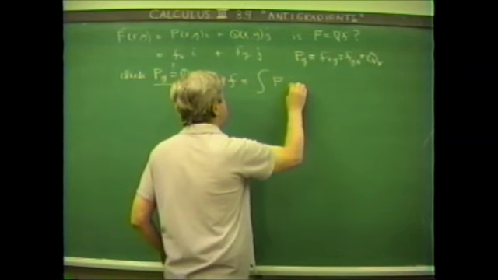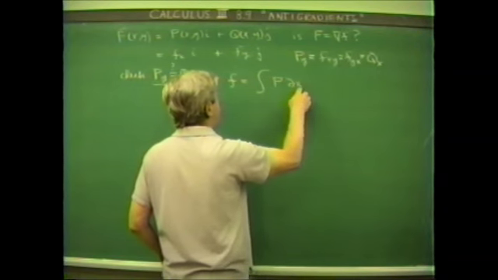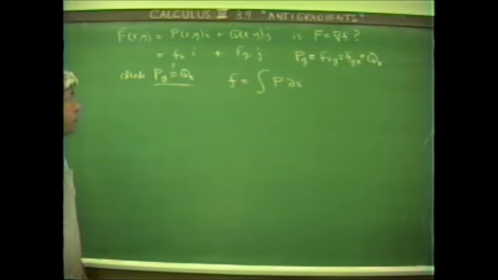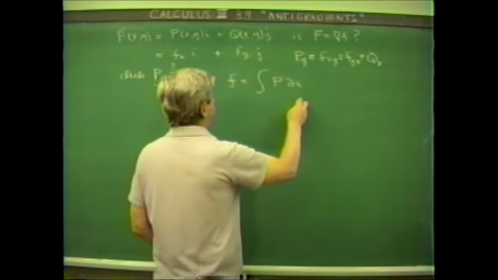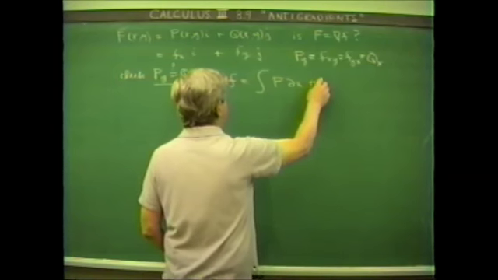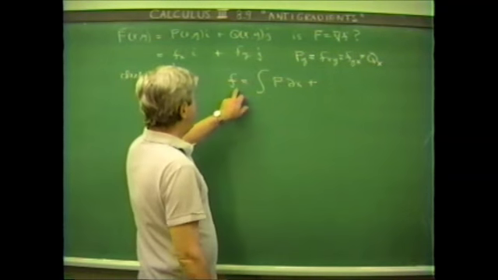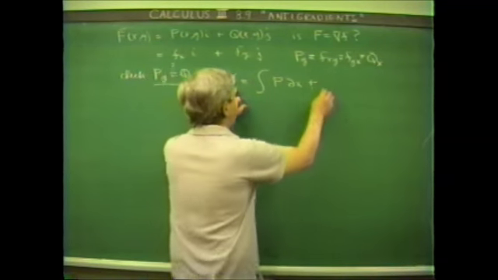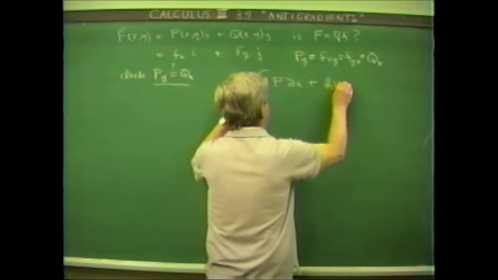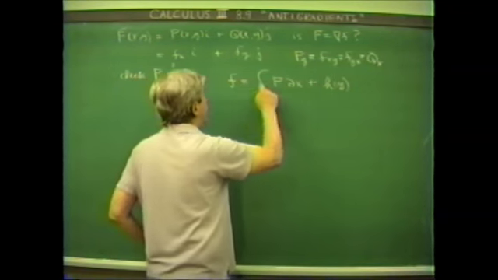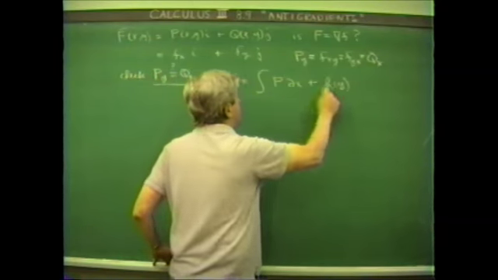This is written with the partial sign with the idea that it would be an antiderivative of p with respect to x when y was held constant, right? Plus any constant here, surely, but what could also happen is that if we take the partial with respect to x, we could add on any function of y here, and that could serve as a constant as far as the partial of f with respect to x was concerned.